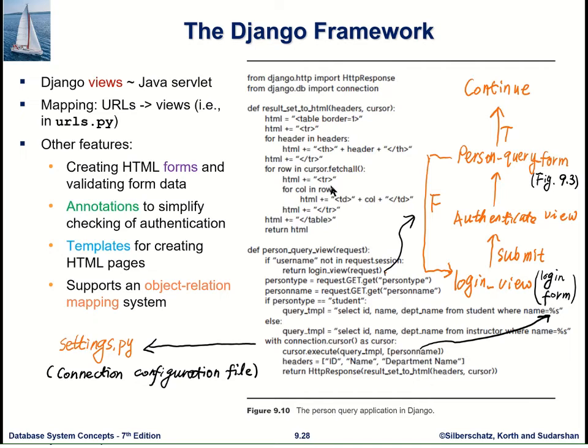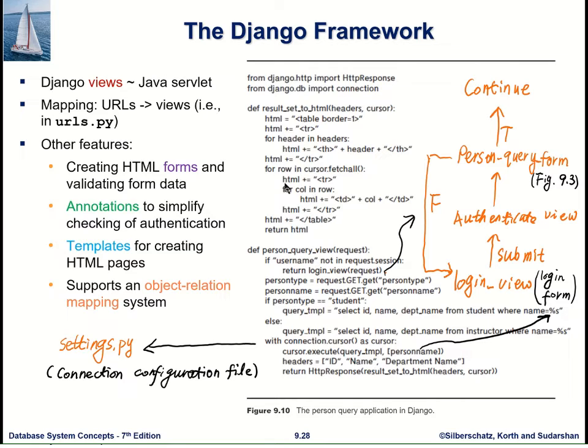In case we have multiple students or instructors with the same name, we need to loop over all the rows, and each row will loop over all the columns, printing each column out.